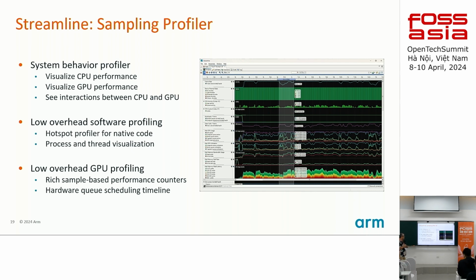Relatively low overhead for both your CPU and your GPU. With any profiling, there is going to be some form of overhead, but we've kept this to a minimum. And so with that, you can see clearly what's going on when, what's triggering things, and just help move things along.